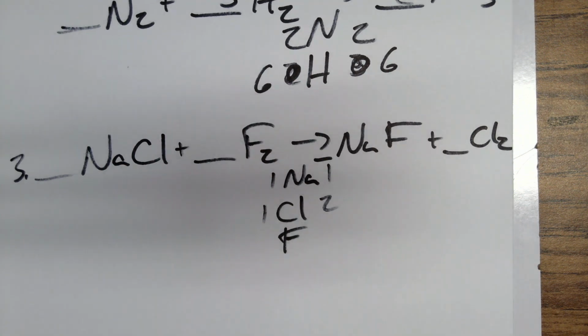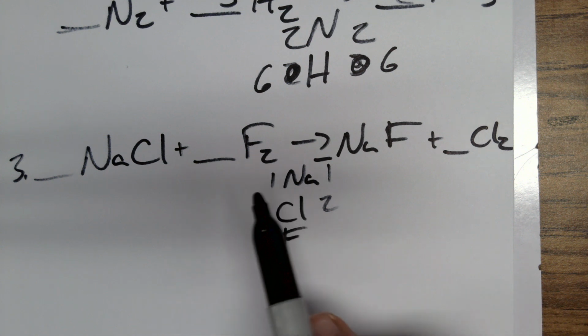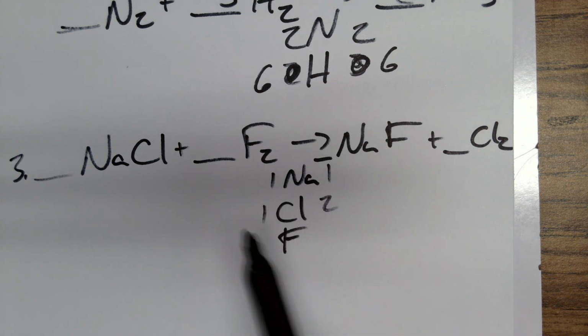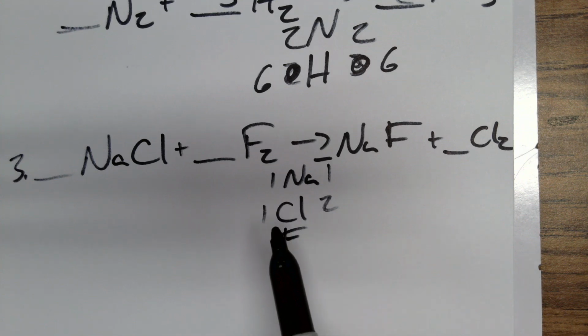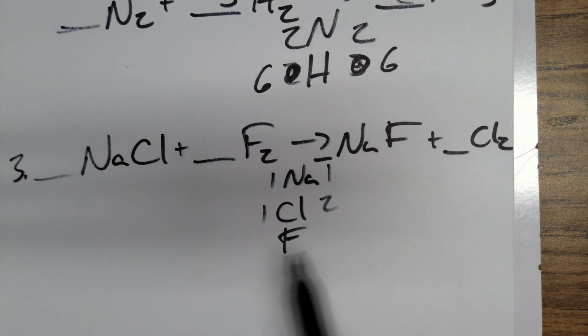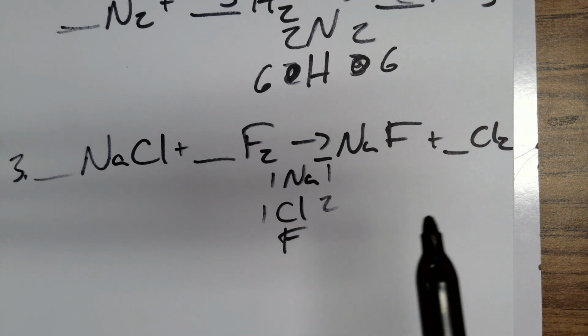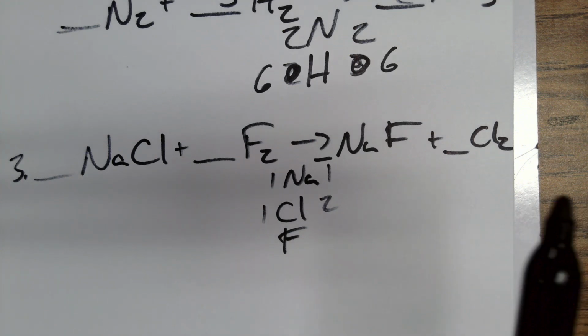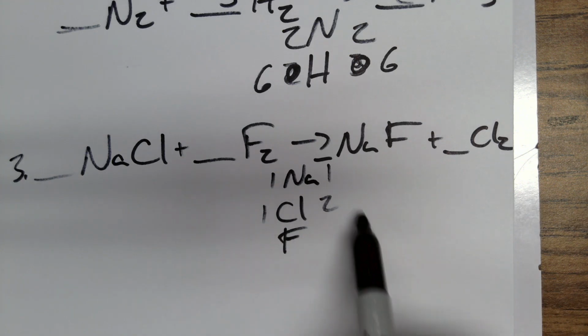All right. So right now I have 2 chlorines over here on my product side. I have 1 chlorine over here. What can I do to get these to balance each other? I have 2 in my products, 1 in my reactants. What should I do? Because clearly they're not balanced right now.